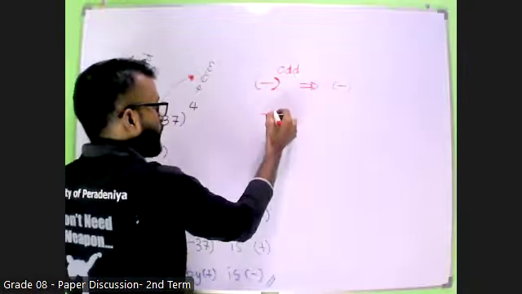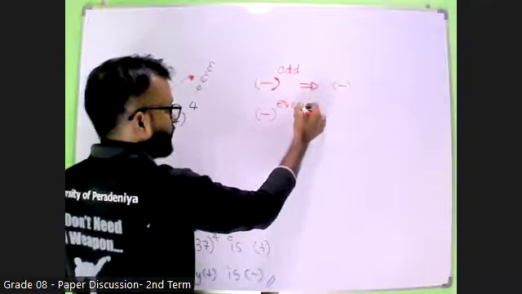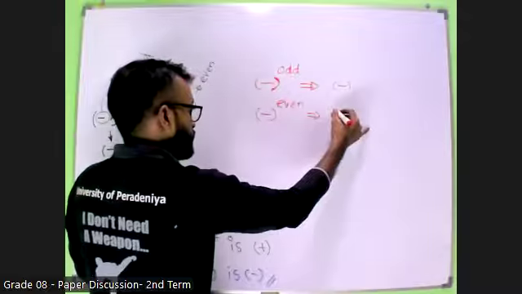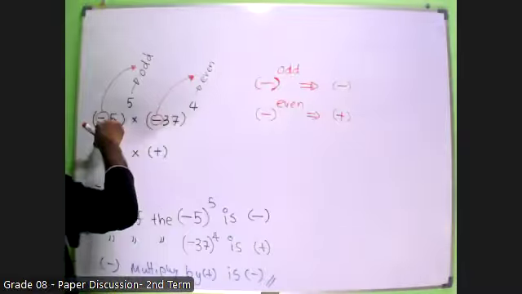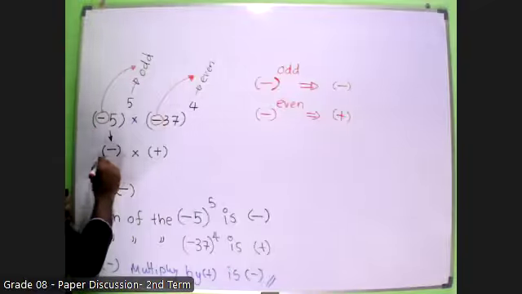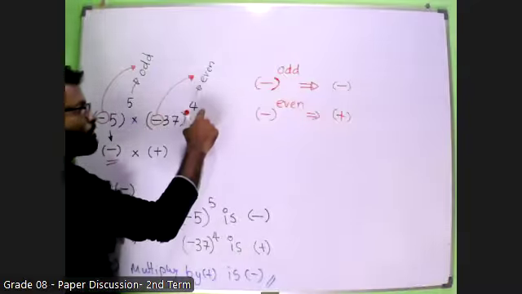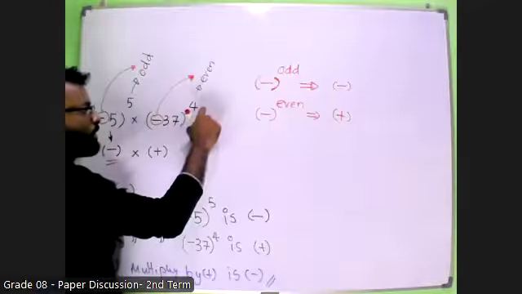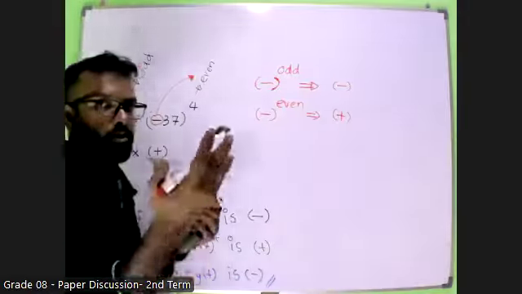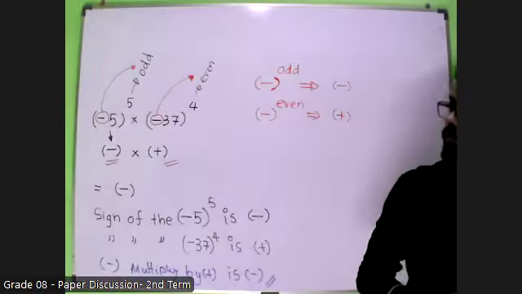If you have a negative number and the power is even, the answer will be positive, right? Negative number, power is odd, the answer will be negative. Negative number, power is even, the answer will be positive. That's all. That is the thing that you need to keep in your mind. Okay, let's move to the fourth.